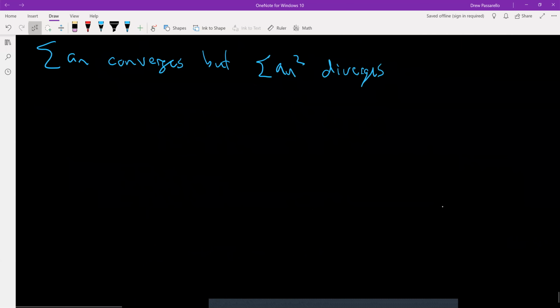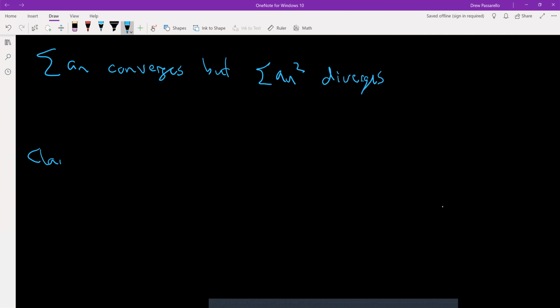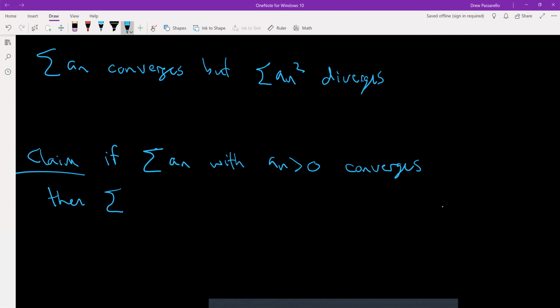So claim: if the series an converges, then an squared converges.